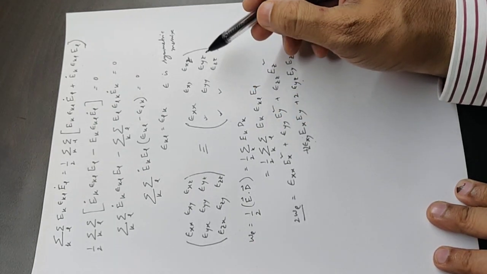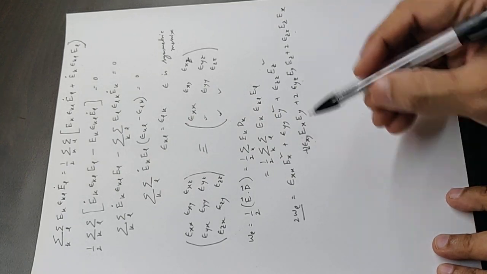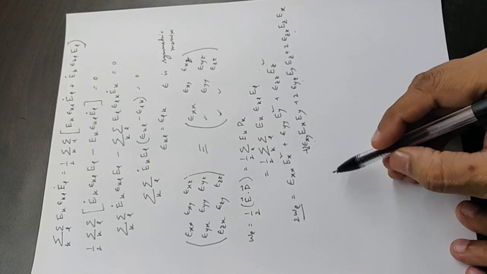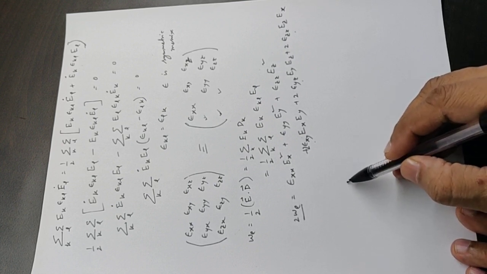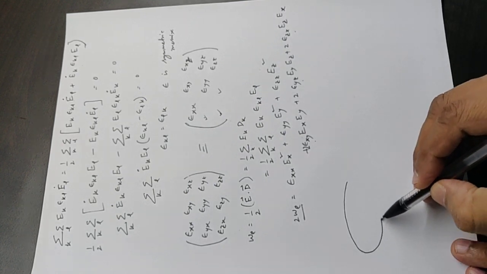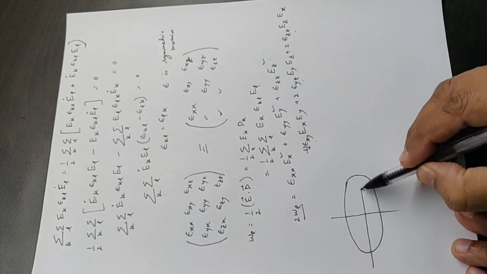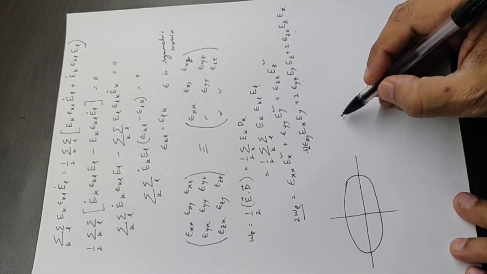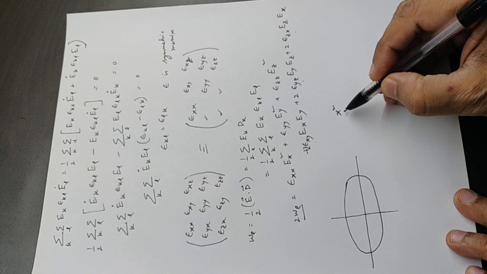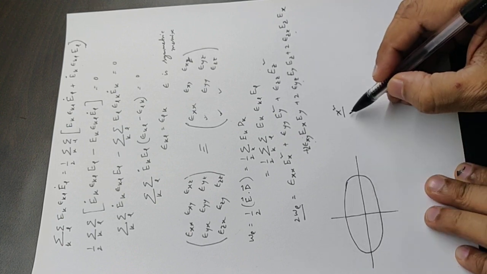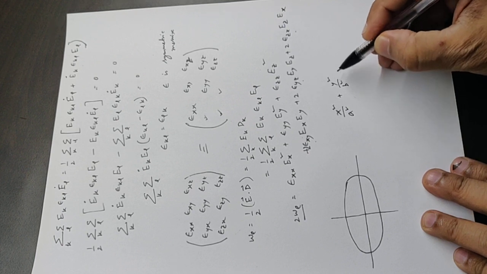But what do we mean by diagonalization? If you remember, even the ellipse that you have, if I write an equation for the ellipse, how do we write? x square divided by a square plus y square by b square equal to 1.